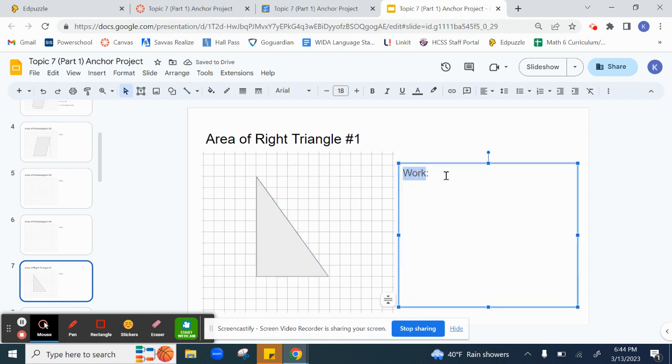We know that the formula for the area of a triangle is 1/2 the base times height. All right, so let's count out our base and height. Let's do our base first. 1, 2, 3, 4, 5, 6, 7. So let's say base equals 7.